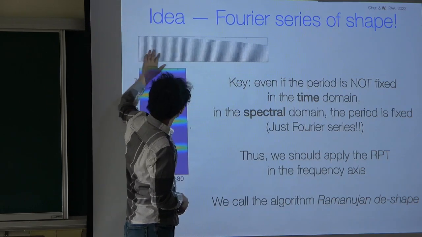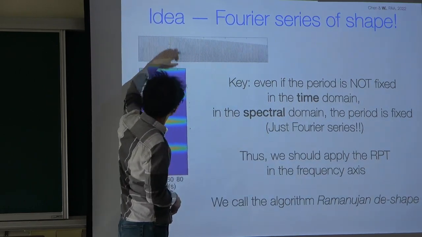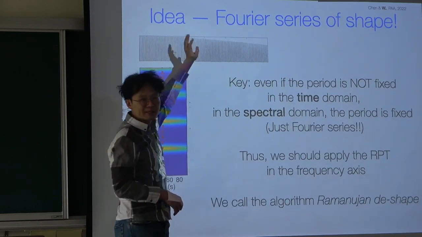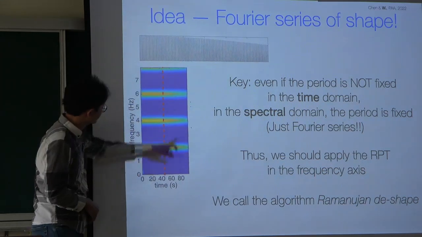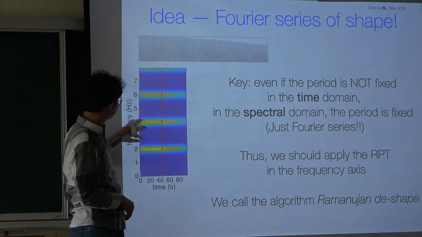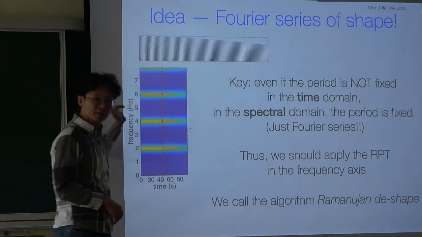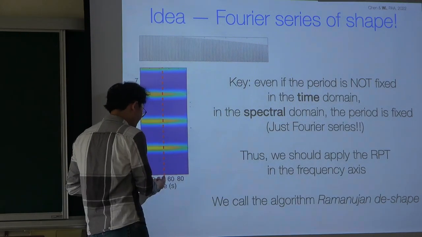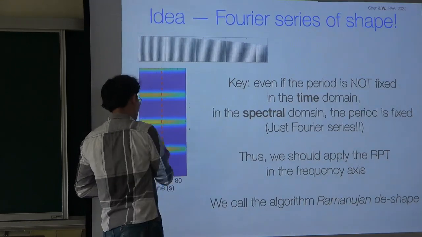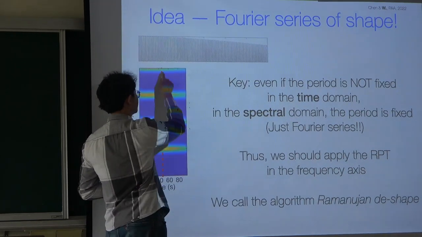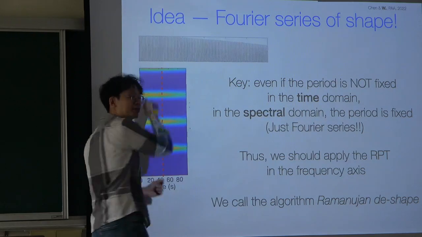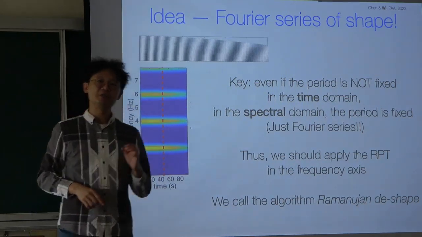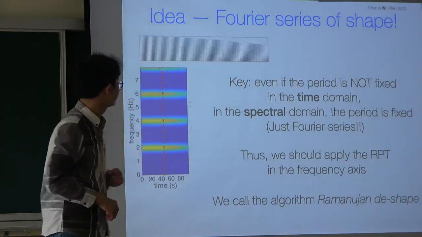This has a frequency of 2 Hz, but its oscillatory pattern is not sinusoidal. So the short-time Fourier transform will give you 2 Hz, 4 Hz, 6 Hz, 8 Hz, and so on. And what we know is, if you fix a time, in the frequency domain you will get another periodicity. And this periodicity actually captures the morphology of the oscillation, that is, the wave shape function.